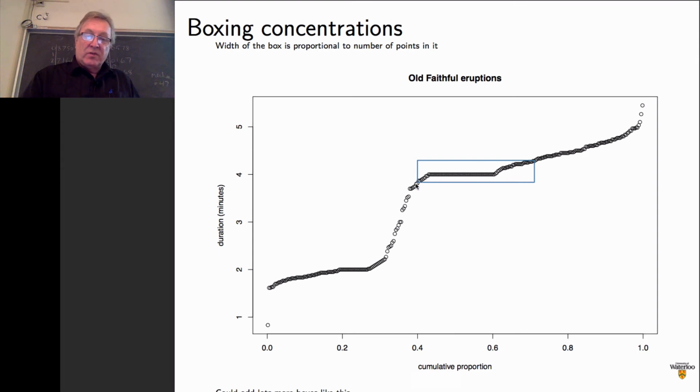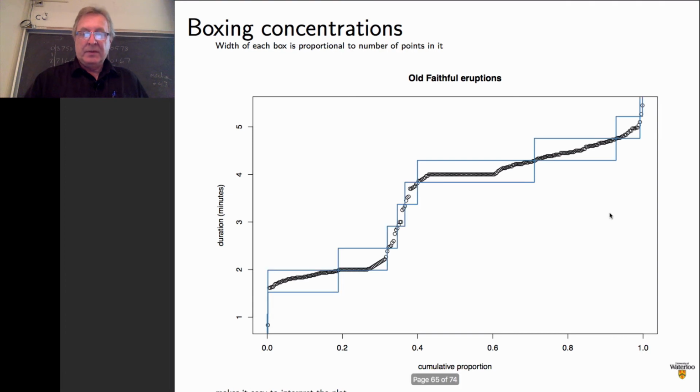If I draw from one corner to another corner of this box, with the height fixed, I decide on whatever width I'm going to have and find where it crosses the quantile plot. That width of the box is telling me how concentrated the data are. Because it's so wide, there's a lot in that area. Whereas if I put the same box up here, I'd have very few points.